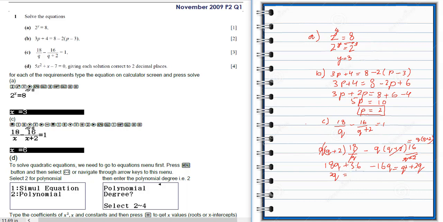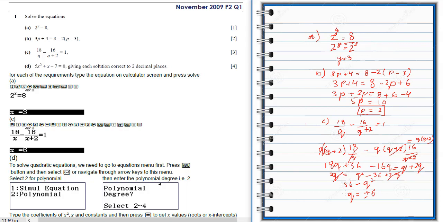So 2q plus 36 is equal to q squared plus 2q. The 2q and 2q will cancel out each other, and if I move the 36 across, q squared is equal to 36. So taking the square root on both sides, we have q is equal to plus minus 6.